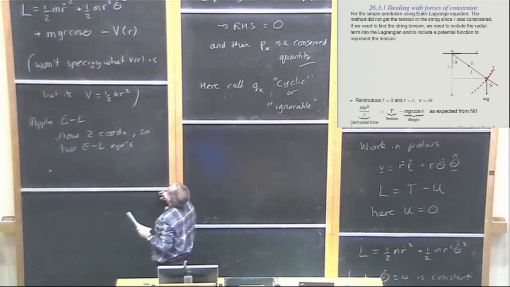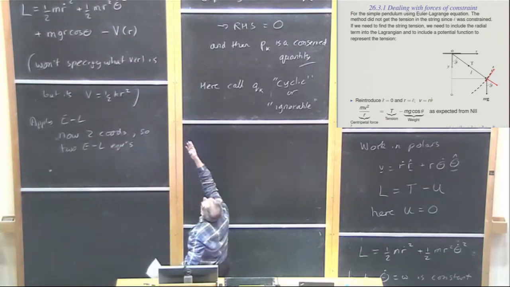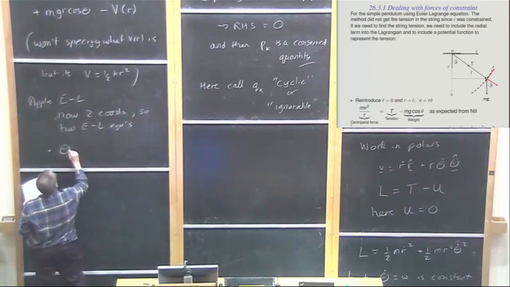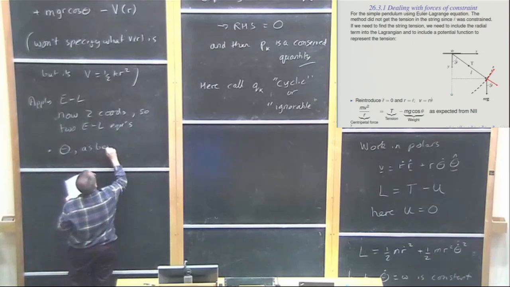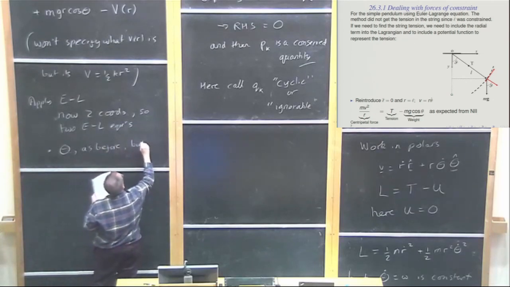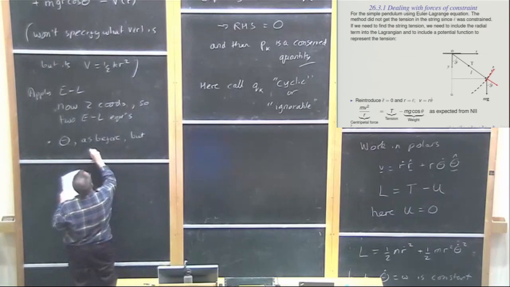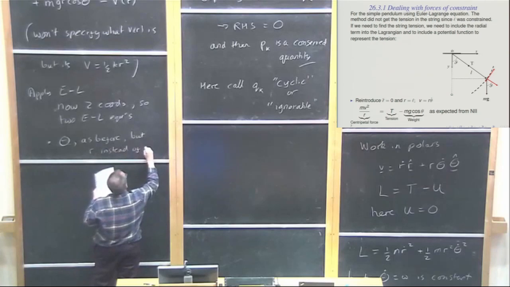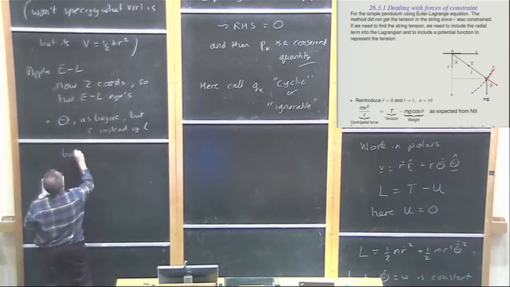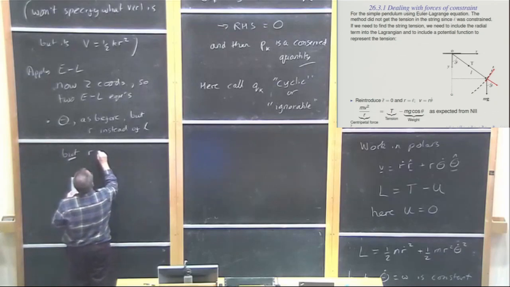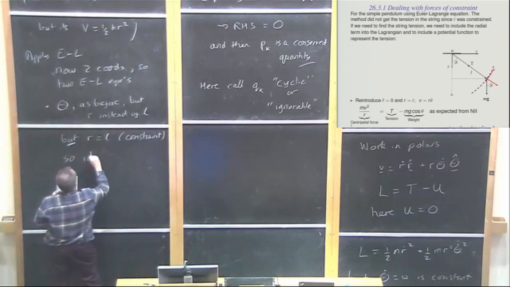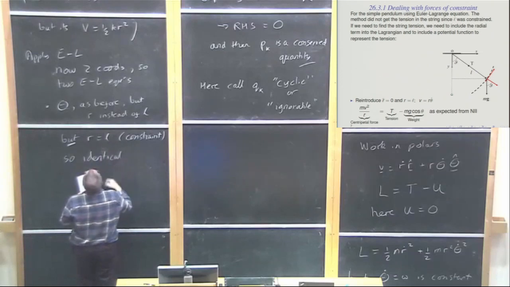It's just going to be as we had here, but instead of L, it's going to be R. But actually R is equal to L, that's the constraint, so it really is the same as before.